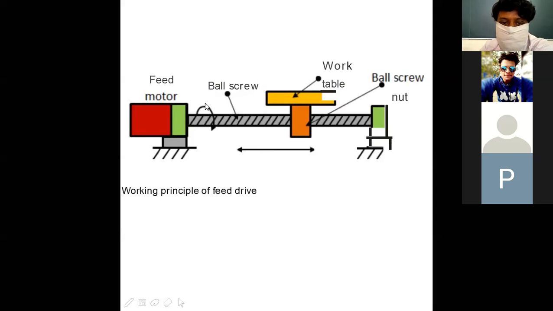If it rotates clockwise, this table will move either in the right or left direction depending upon the threads on it. And if it rotates anti-clockwise, it also changes the motion from forward to backward or backward to forward. It depends upon the threads. So this is the basic structure of a feed drive.